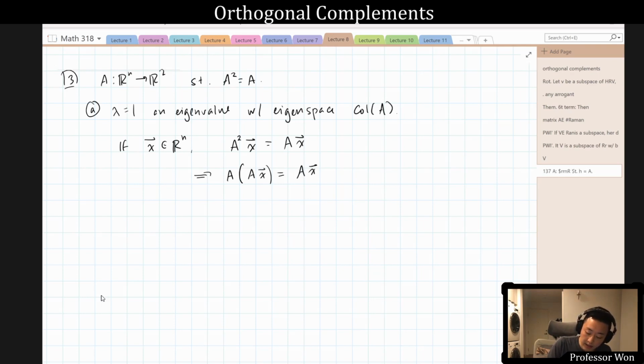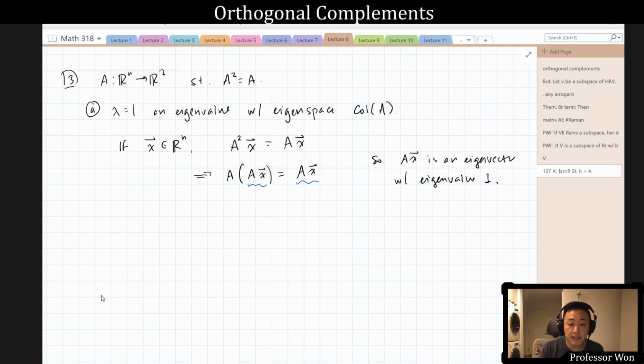This means that Ax is an eigenvector with eigenvalue 1. So Ax is an eigenvector with eigenvalue 1. And this works for every single vector x in Rn.